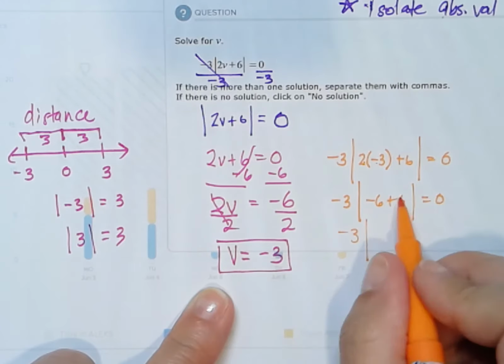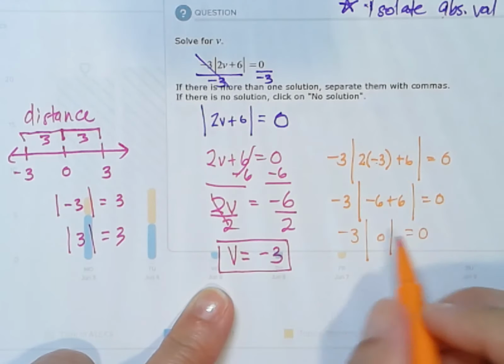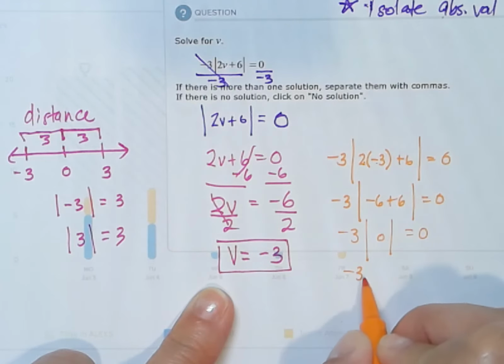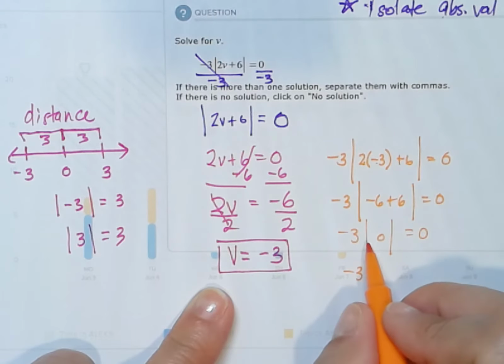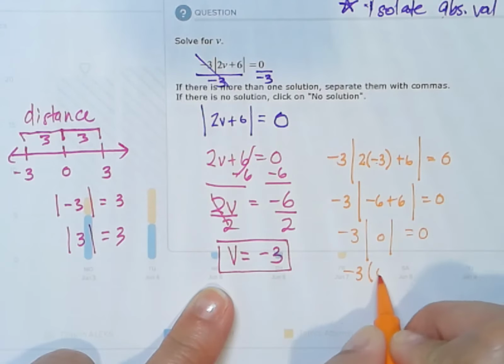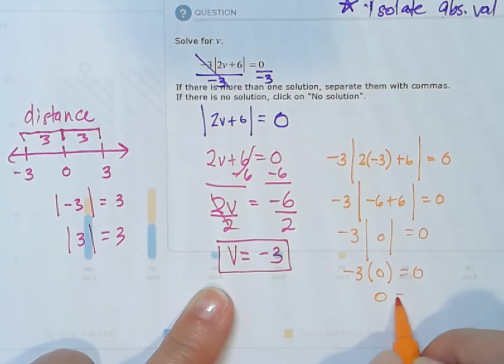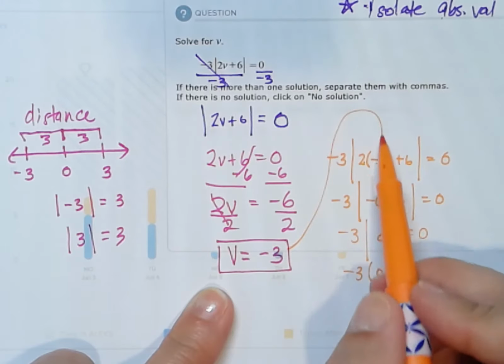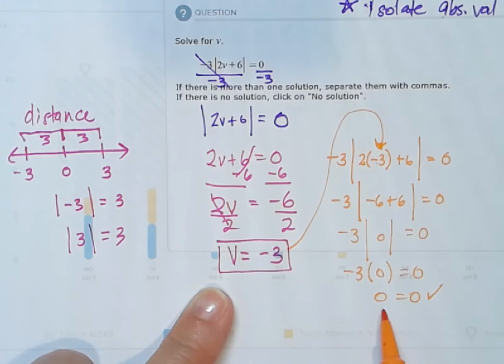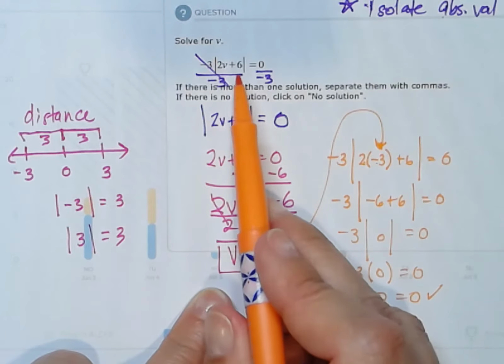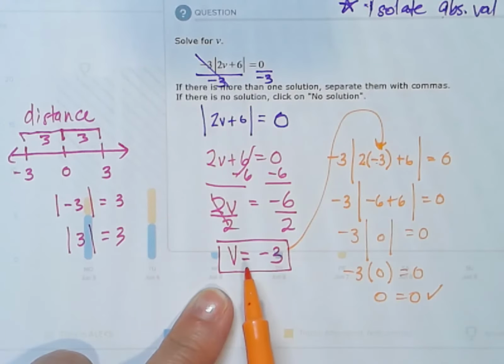And so -6 plus 6 is 0. And so -3 times the absolute value of 0. The absolute value of 0 is 0. So this is -3 times 0. And -3 times 0 is 0. So when I plugged in -3 right here for the v, I got a true statement at the end. So the solution for this absolute value equation is -3.